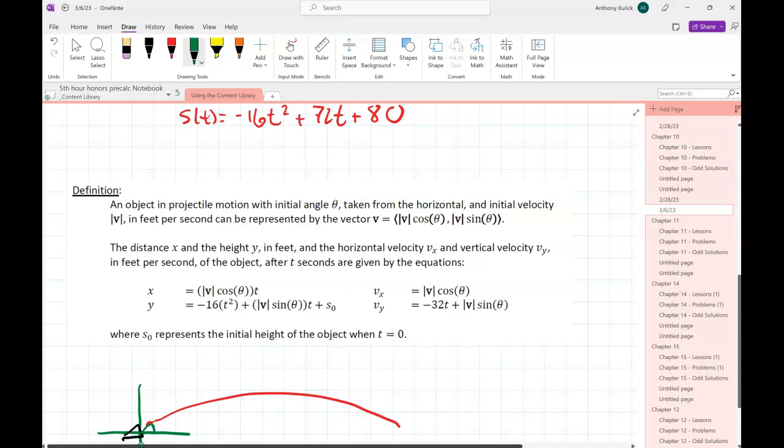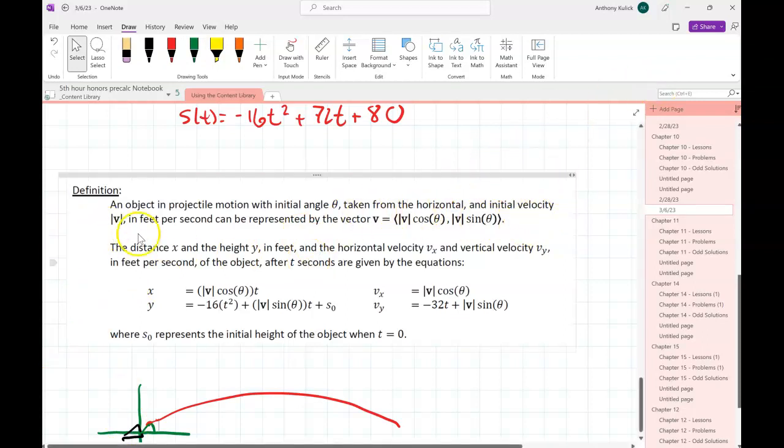And just talking about how we're measuring the angle, what can we say about that initial angle? It always has to be acute. If it's taken to the horizontal, if you get past the other side, then the horizontal's in the other direction.